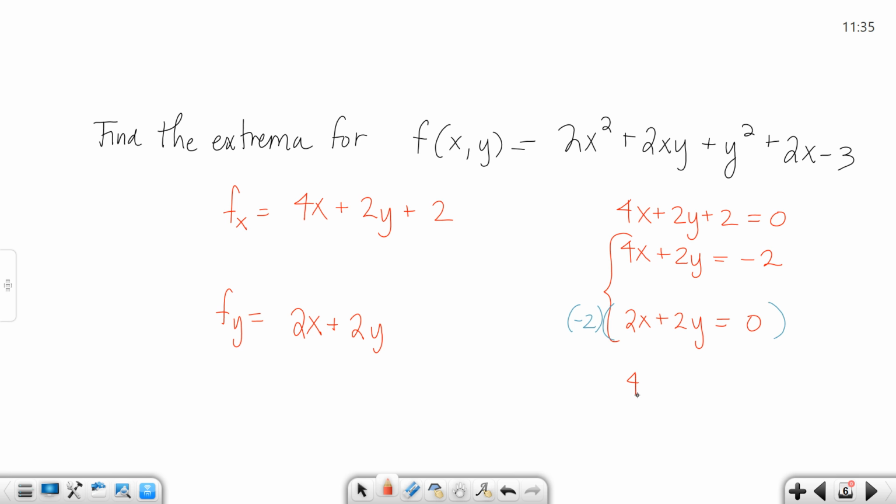Now my first equation is 4x plus 2y equals negative 2. Let's leave that one alone. And my second equation would be negative 4x, negative 4y equals 0. So I can add these up, and this would be negative 2y equals negative 2. So that means that y equals 1.